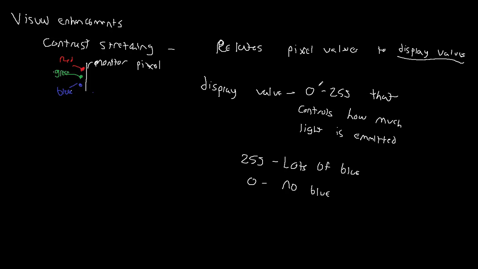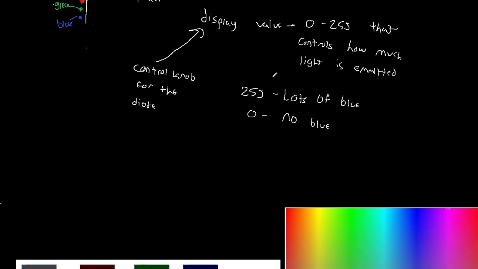So this 0 to 255, this display value, you can think of as the control knob for the diode, which is the thing on the back of your monitor pixel that's actually emitting light. And contrast stretching relates pixel values to display values. So what do I mean when I say that?